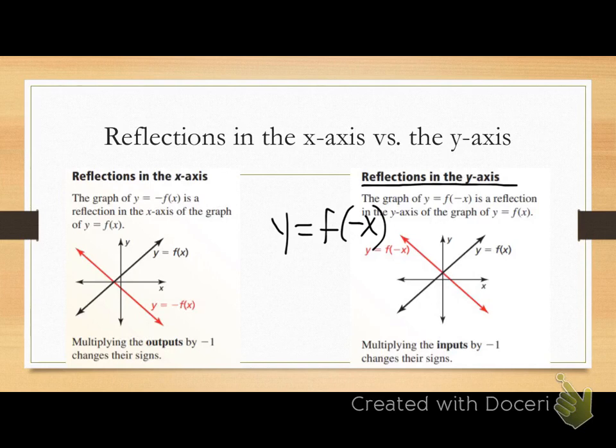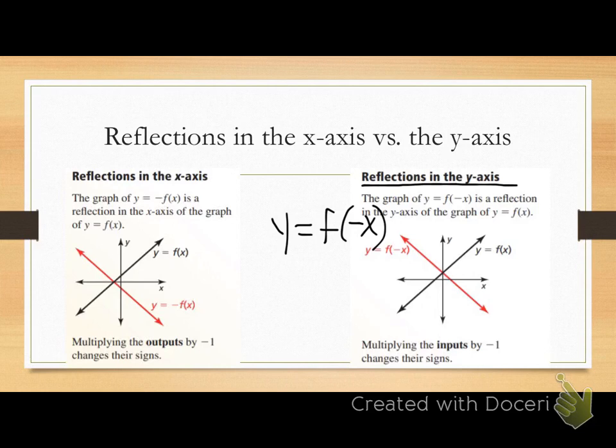Okay? The graph of y equals f of negative x is a reflection in the y-axis of the graph of y equals f of x. Multiplying the inputs by negative 1 changes their signs. So I'm reflecting over the y-axis now. Okay? Does everyone have this formula written down next to reflections in the y-axis?